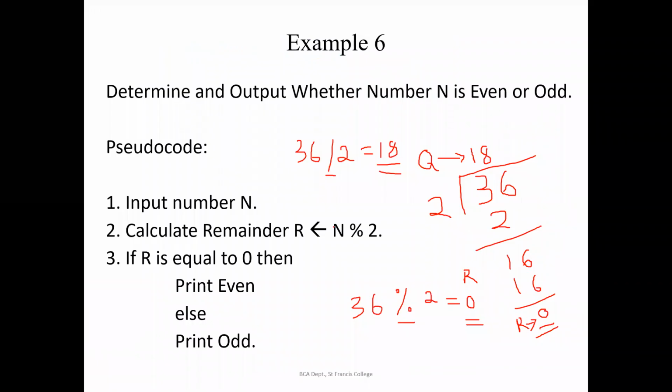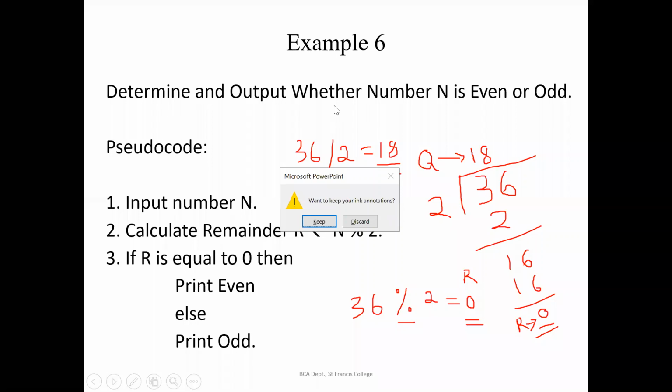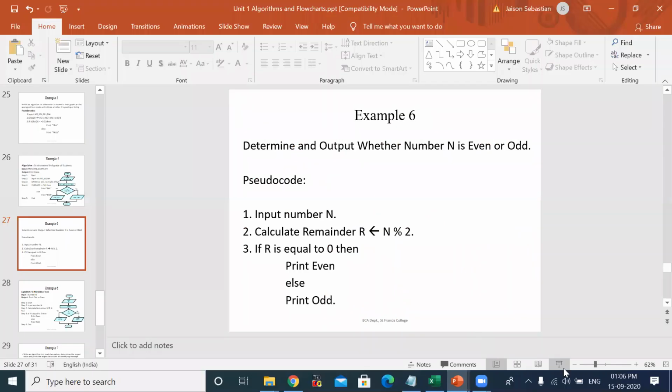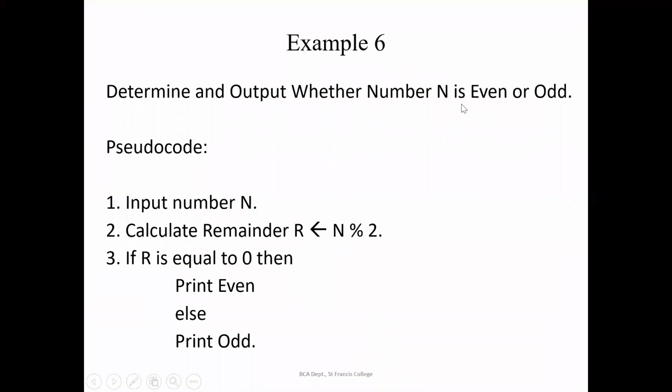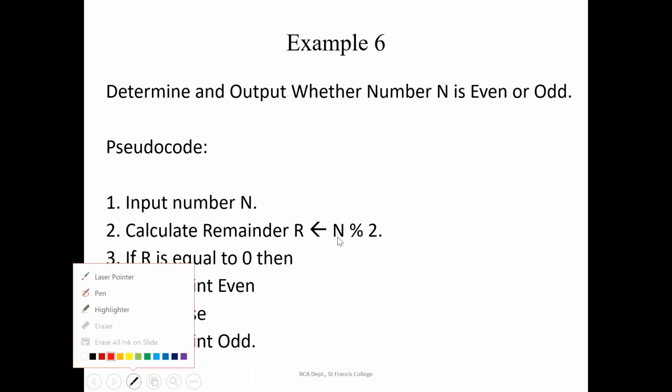So now you can see that all the even numbers will be giving you a remainder 0. So this you can use as a method for checking whether a given number is even or odd. So the first step, you accept the number from the user, calculate the remainder, and then if r is equal to 0, we will be calculating the remainder.